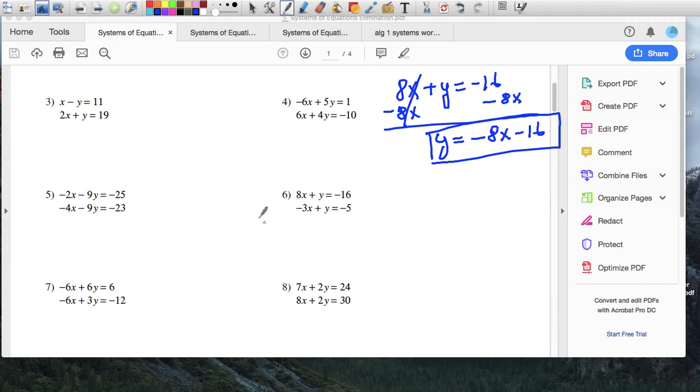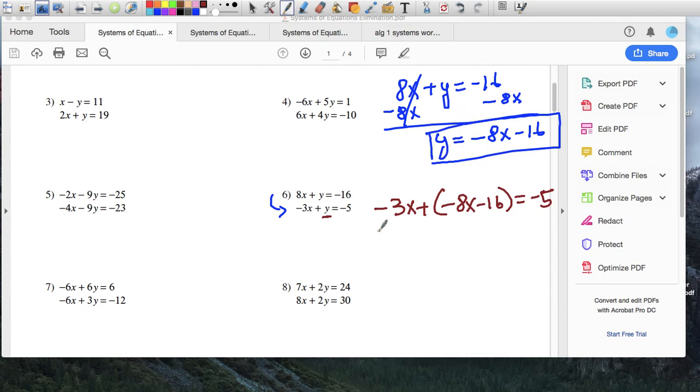I'm going to take that information and use it in this second equation. Every time I see a y, I'm going to replace it with this fellow over here. So therefore I have -3x plus (-8x minus 16) equals -5. So I replace the y value over here with what was given to me by the first equation.